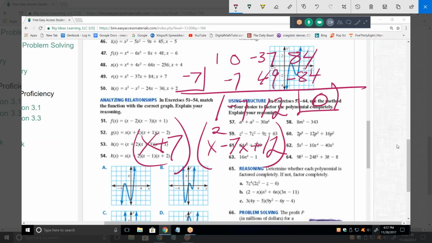Notice that this factors. So you don't always get an irreducible quadratic. Sometimes you get a quadratic that can be factored.